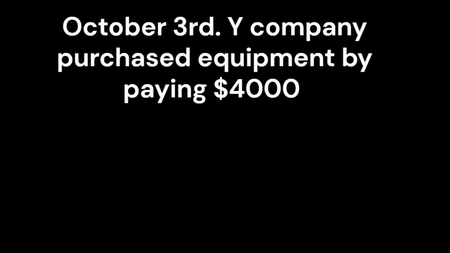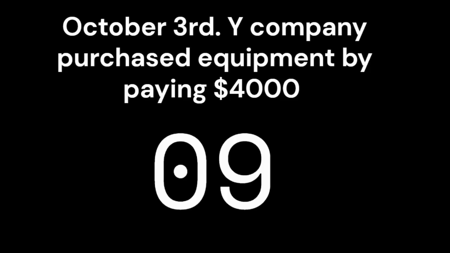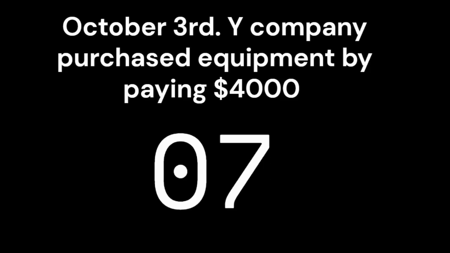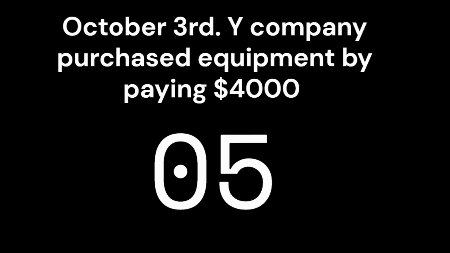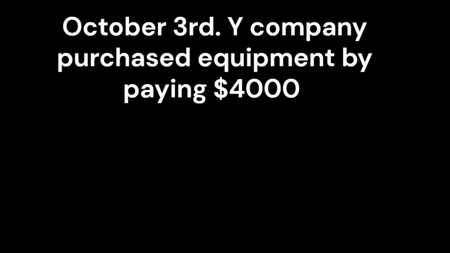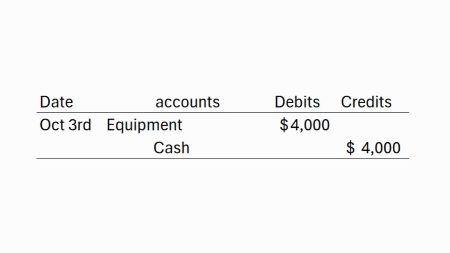October 3rd. Y company purchased equipment by paying $4,000 in cash. Answer: debit equipment $4,000 and credit cash $4,000.